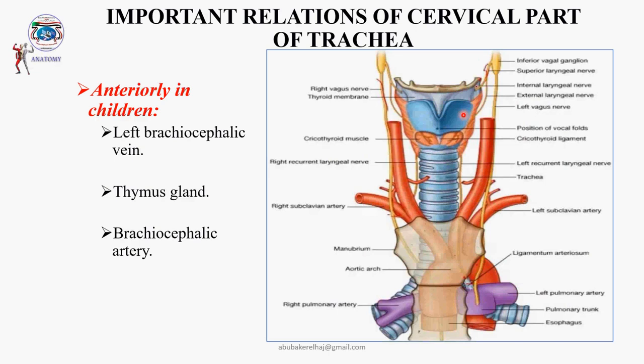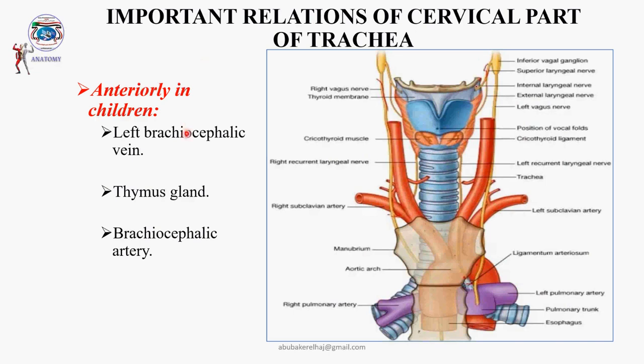As you know, most of the posterior aspect is related to the area between the trachea itself and the esophagus, which is called the groove between trachea and esophagus. This acts as a dead space to facilitate the swallowing of food, and also to facilitate the dilatation of the trachea during coughing.